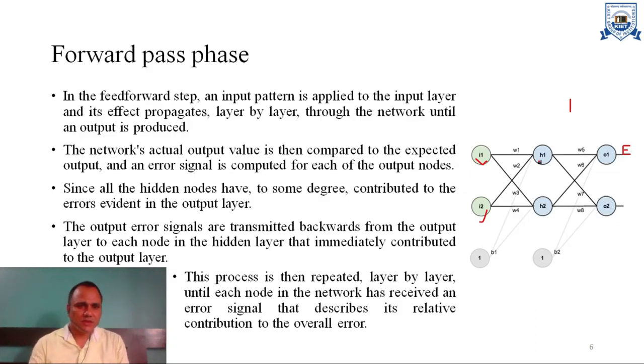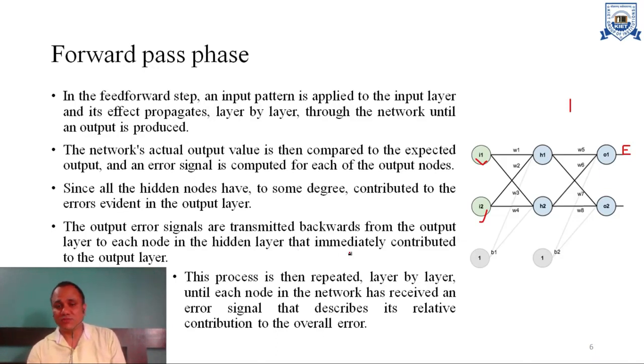Since all the hidden nodes have to some degree contributed to the errors in the output layer, all the layers need to be tracked one by one, and the weights given to the system are adjusted over there. So the output error signals are transmitted backwards from the output layer to each node in the hidden layer that immediately contributed to the output layer.